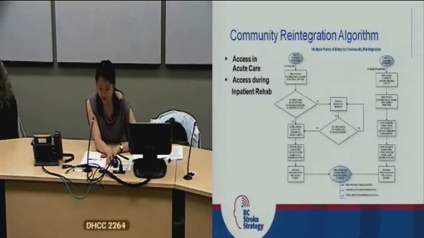A referral would be made to the community agencies, and those agencies can then contact the patient and provide information on their services. If the patient needs case management or peer mentoring, this is also where that service can be introduced.